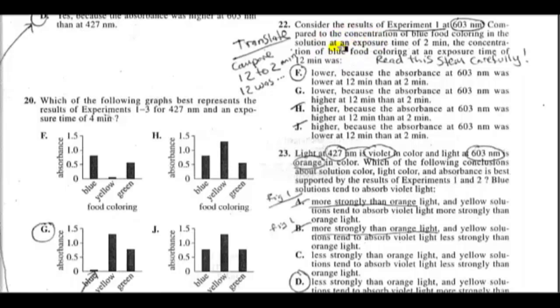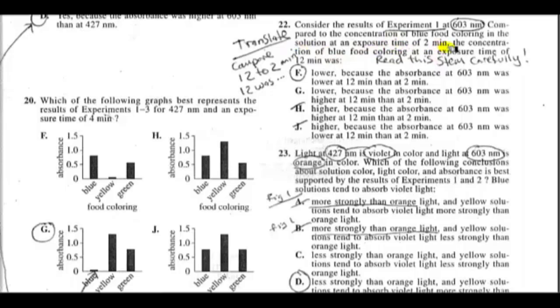You're comparing them. If you look at this closely, here's what it says. They said, experiment 1, look for 603 nanometers. Great, you got that down. Then it says, what happens 2 minutes versus 12 minutes. Look carefully here at the last part.